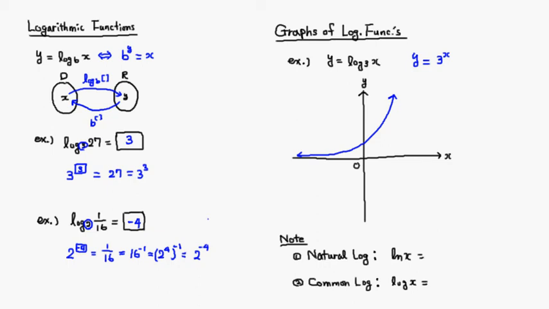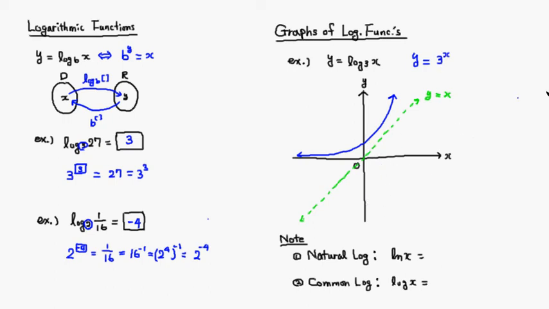If you want to sketch the graph of its inverse function, we can just do a reflection about the line y equals x. So this is our line, y equals x. We just have to do a reflection, so reflect it over here.